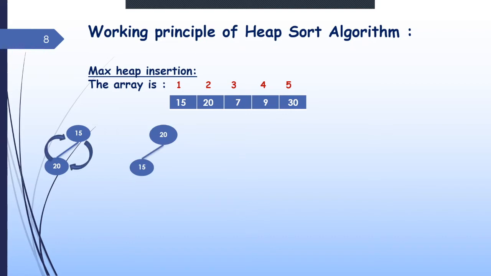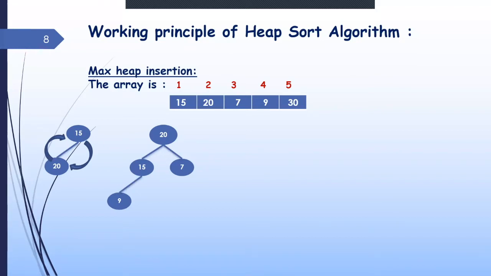20 is the parent and its left child is 15. Now check 20 is greater than 15. Yes. And then third element 7, insert on 20's right side. Now check 20 is greater than 7. Yes, 20 is greater than 7. Now fourth element 9, insert on 15's left side and check 15 is greater than 9.